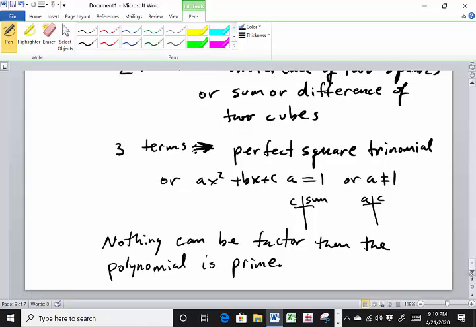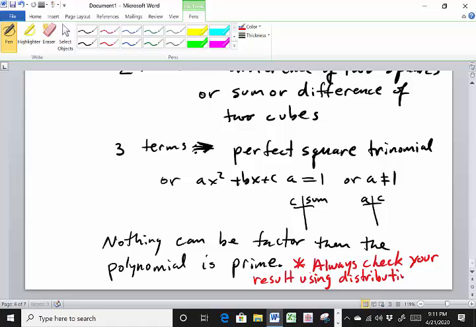And then we just make a note here, running out of room, is always check your result using any technique or just basically the distributive law. Okay? So that's kind of the strategy.